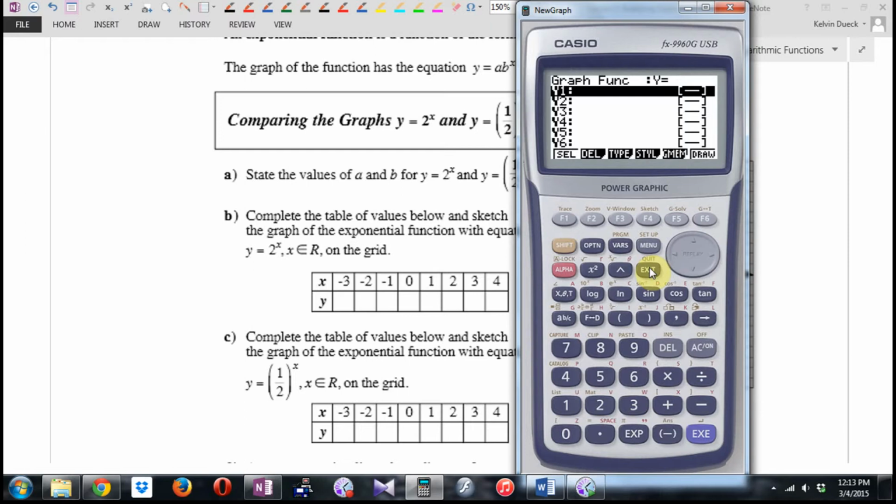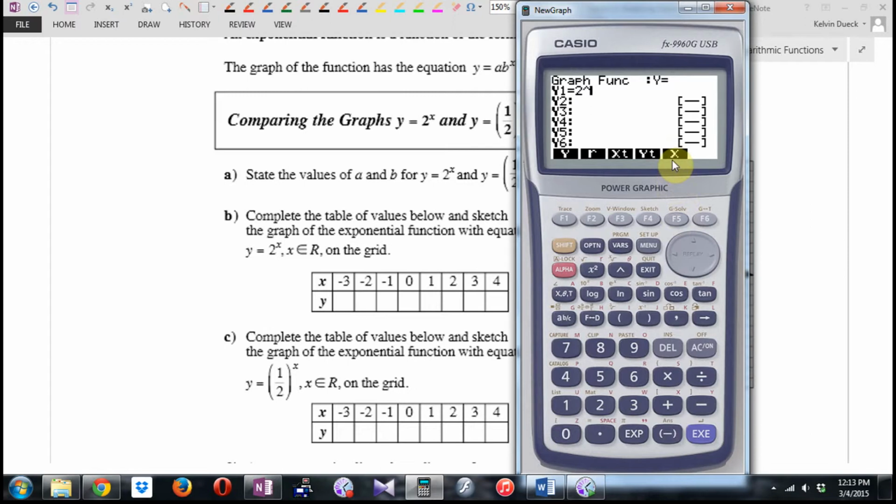Let's type in the first equation. The first equation is this one here, 2 to the x. So you're all going to type 2 to the power of, what's my to the power of button on these things? The up arrow, which is right next to the x squared, right there. The little carré, I think it's called. And then, this is important, all of you, look up. Don't use F5 for x.